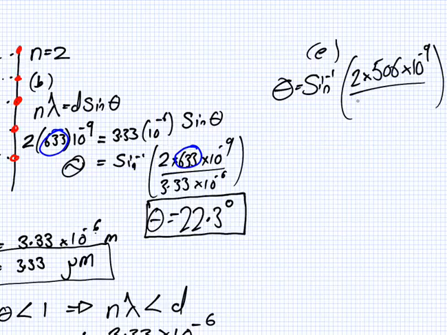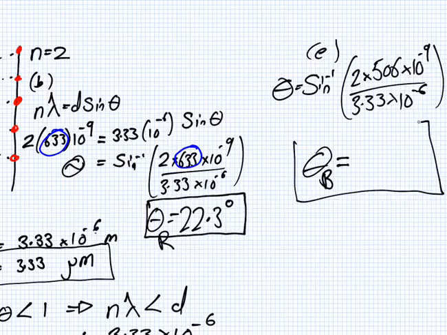So for the red, that's x times 633 nanometers, and for the blue that's x plus 1 times 506 nanometers. The nanometers cancel, so you get 633x equals 506x plus 506.